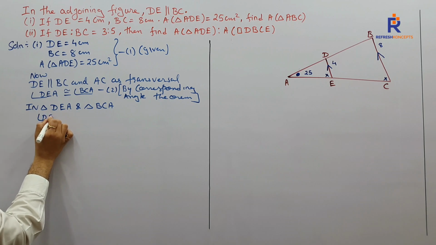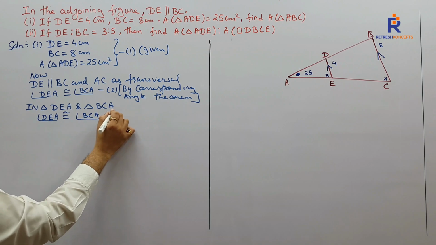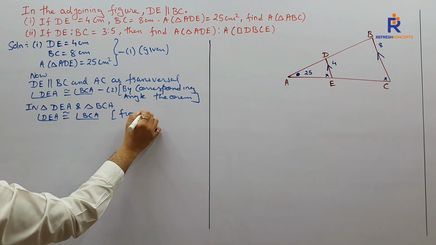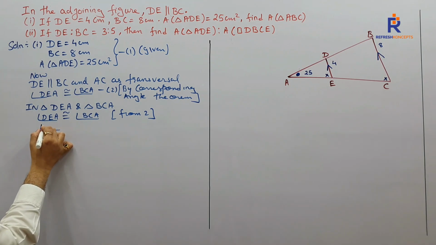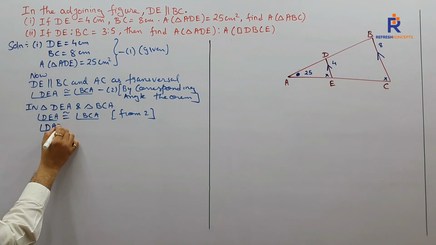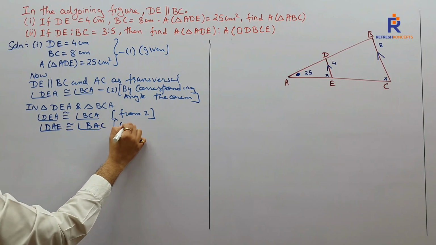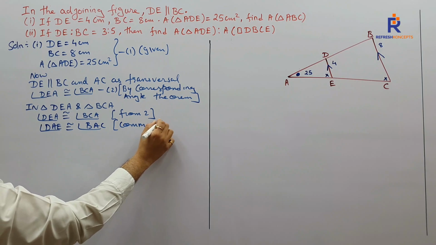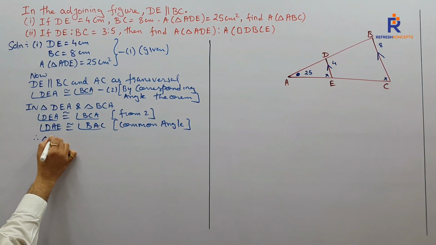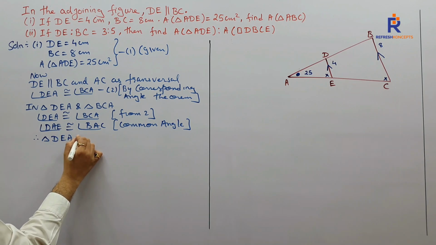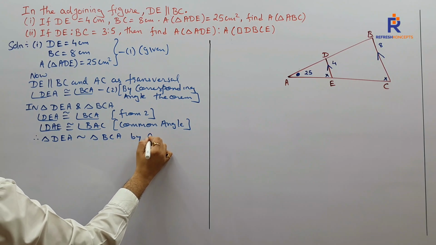Can I say angle DEA congruent to angle BCA? From where did I get it? From equation 2. Sir, angle DAE congruent to angle BAC, common angle. Therefore, triangle DEA is similar to triangle BCA by AA test.